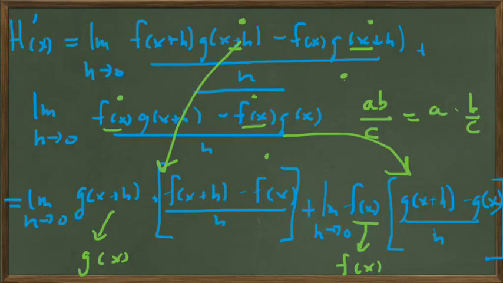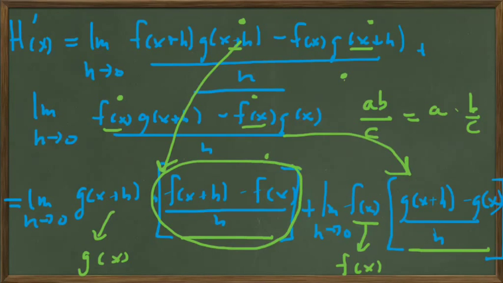Now what are we going to do with the limit as h goes to 0 of this expression and this expression? This is the crux of this derivation. Well, we should recognize that this fraction is the limit as h goes to 0 of f of x plus h minus f of x over h. That's the definition of f prime of x, so we're going to write it that way.